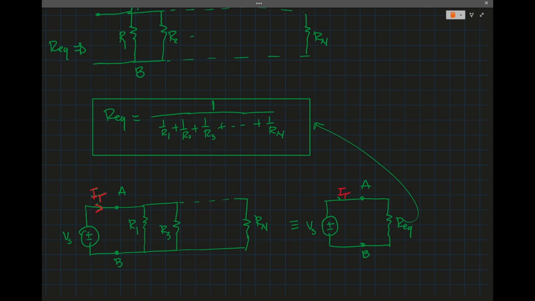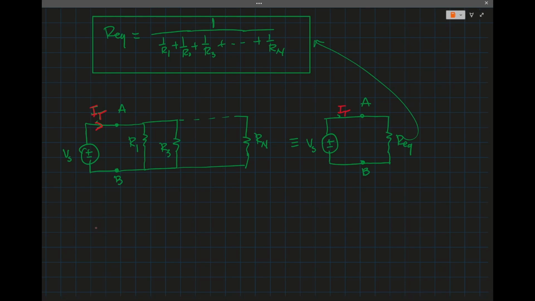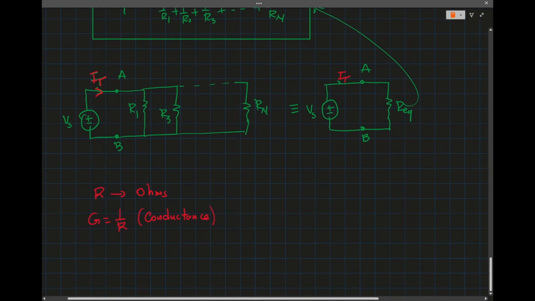Okay, and we also define the inverse of a resistance, which we call a conductance. So we know that a resistance is expressed in ohms, but G, which is 1 over the resistance, is called conductance. And that is expressed in Siemens.